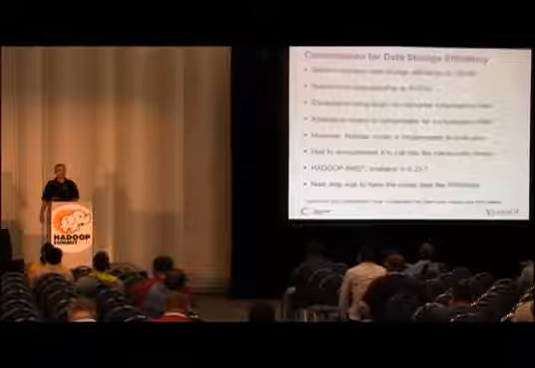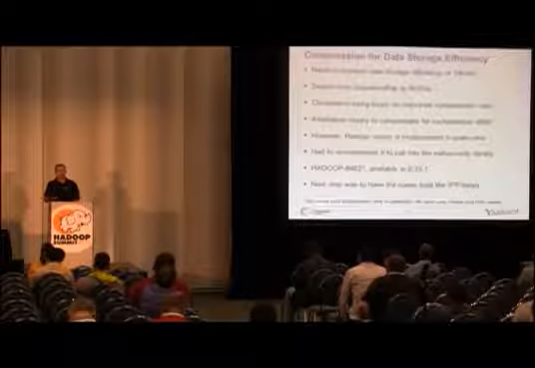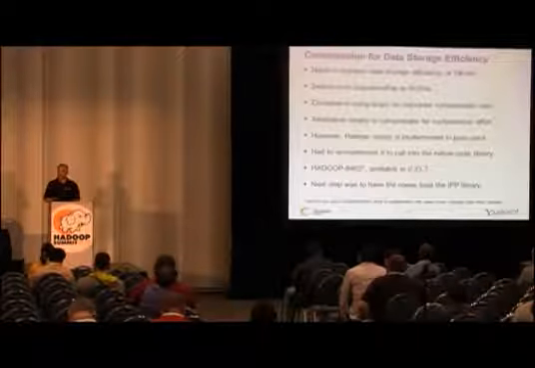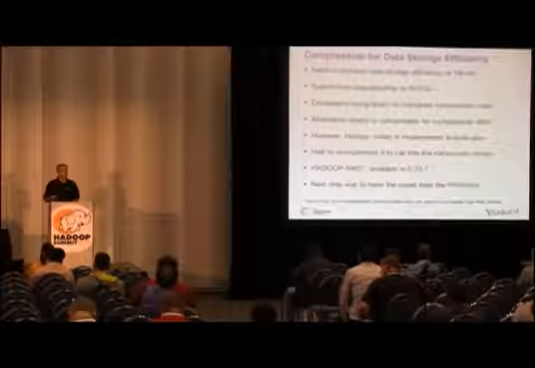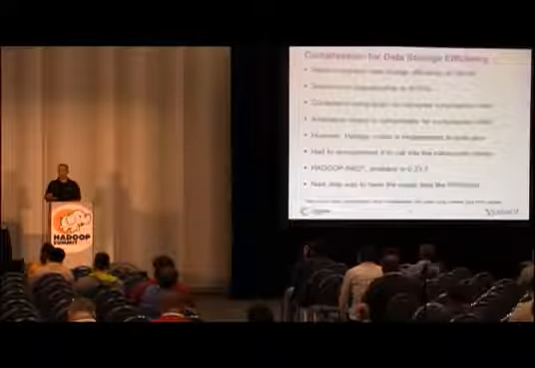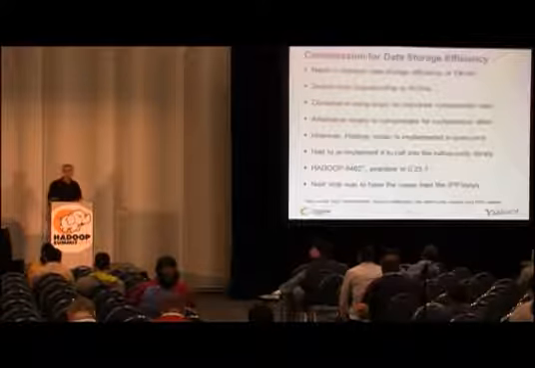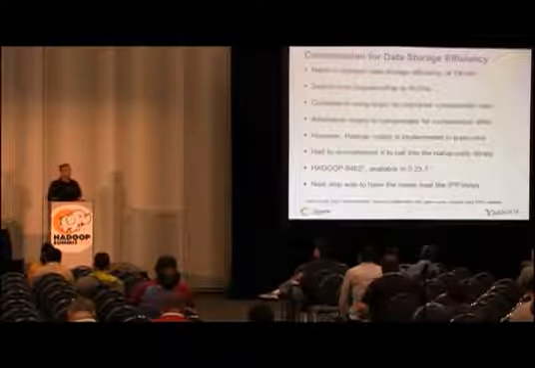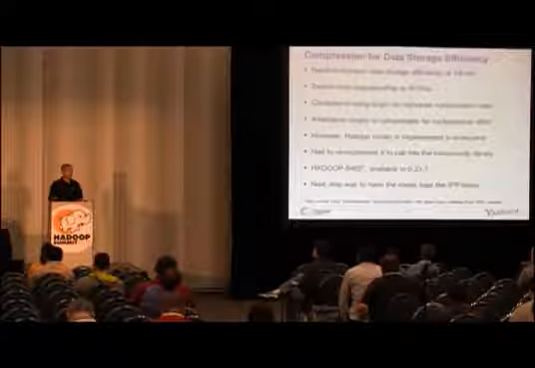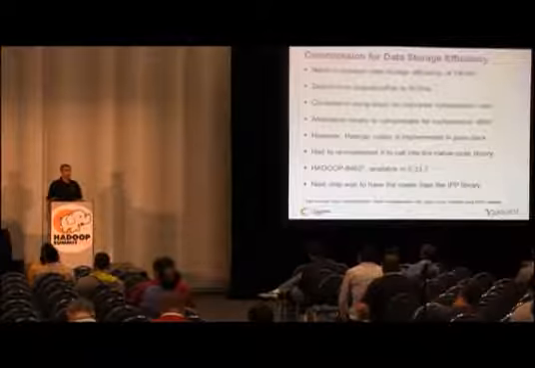We tried to address that by switching from the sequence file to the RC file format. In the RC file format, column data is stored contiguously, and that gives compression algorithms a chance to compress more effectively. In fact, we were able to see about a 25% improvement in compression by making just that one change.